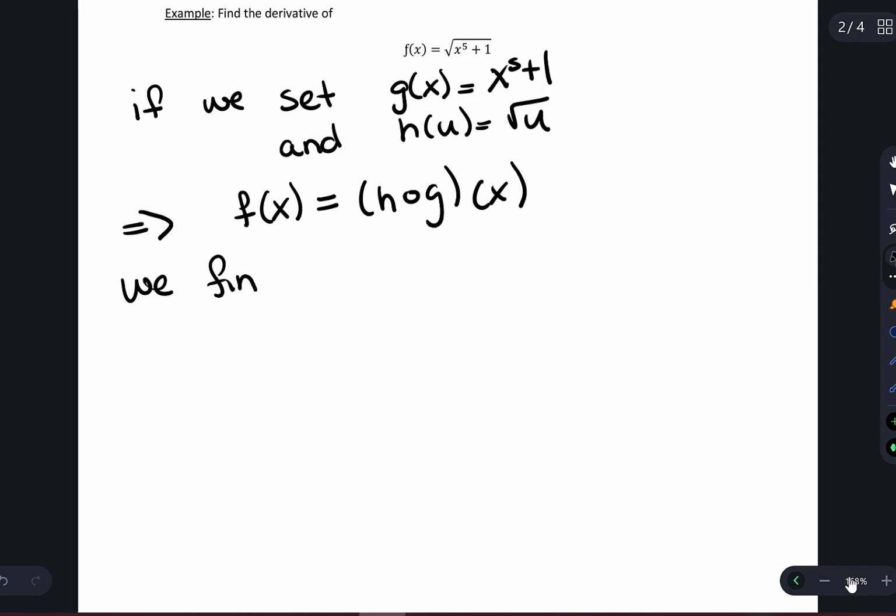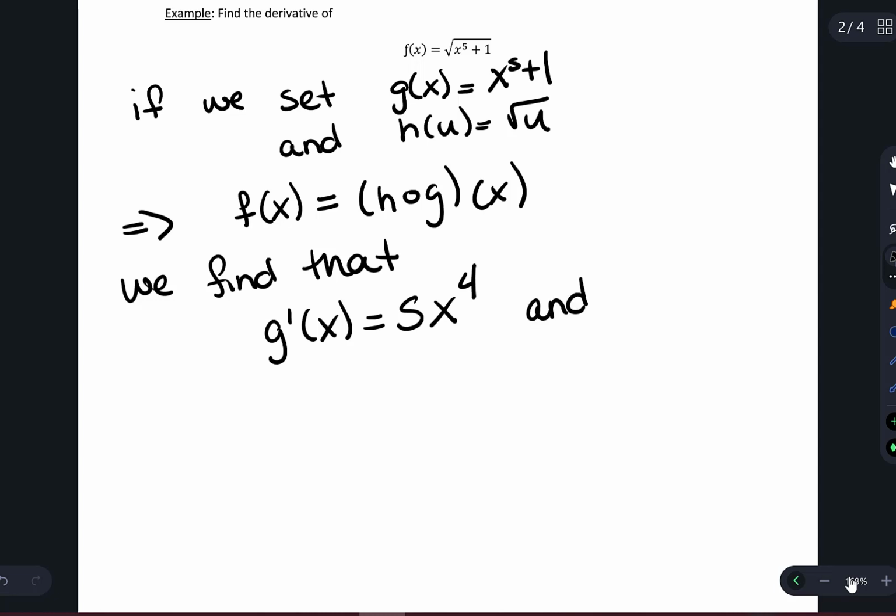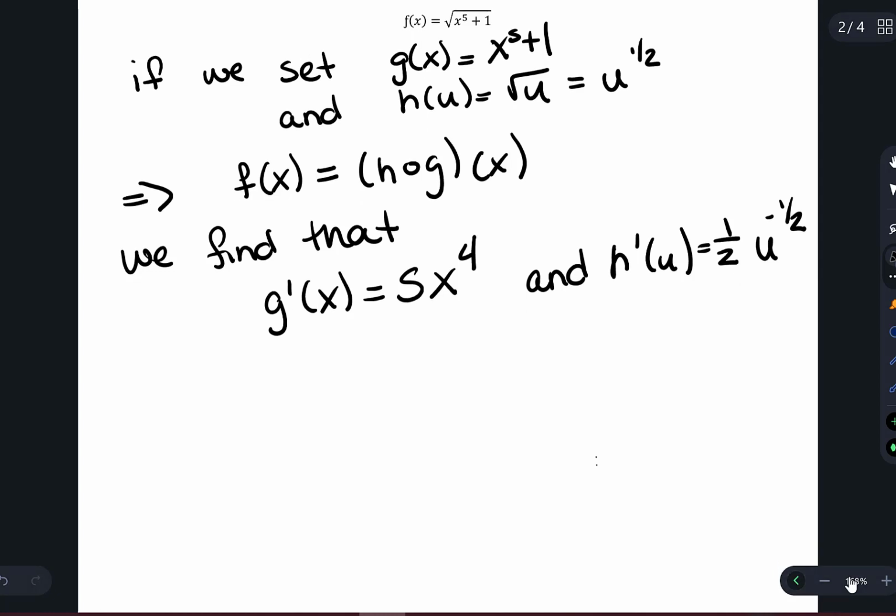So we find that the derivative of g of x by application of the power rule is 5x to the 4th. And similarly, we can find the derivative of h by applying the power rule, because notice this is equal to u to the 1/2, so its derivative is 1/2 u to the negative 1/2.